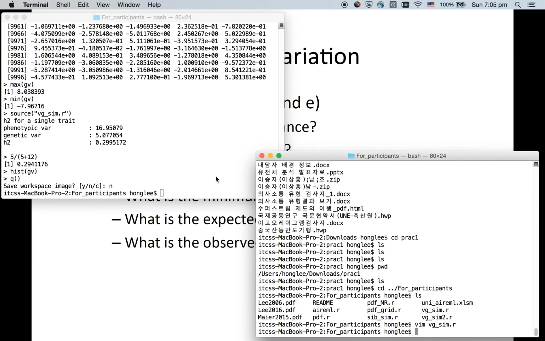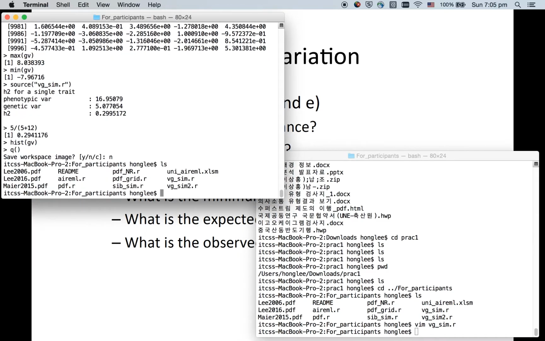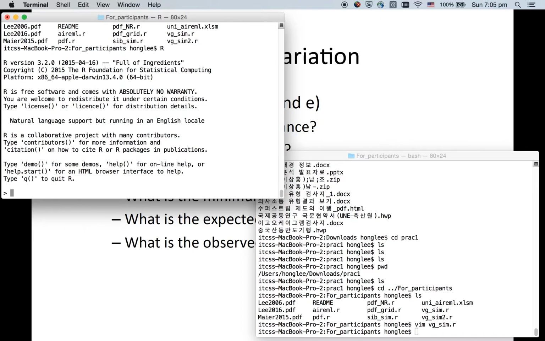So we can run it using R. This is the same folder as here. Then I will run R. In R, the source function makes the code run. So that's VZ, right?